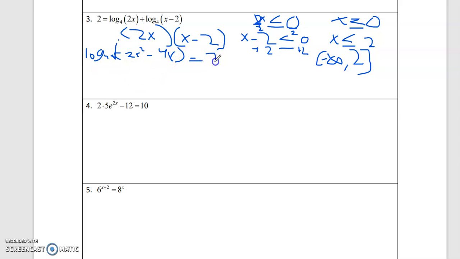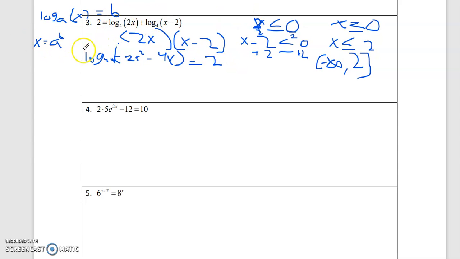equals 2. And so now there's actually a rule, and the way it is written is exactly like this. Our problem has the exact same format, with 4 being a, negative 2x squared minus 4x being x, and 2 serving as b.